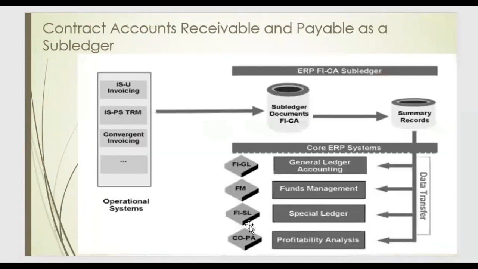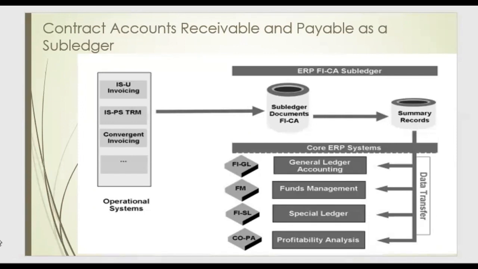And once the clearing process happens, we know from our previous discussions that there are 4 kinds of ledgers: general ledger, fund management, special ledger, and profitability analysis ledgers. So it will go to those subledgers, to the summary record, and it will get posted into the ERP system's ledgers.